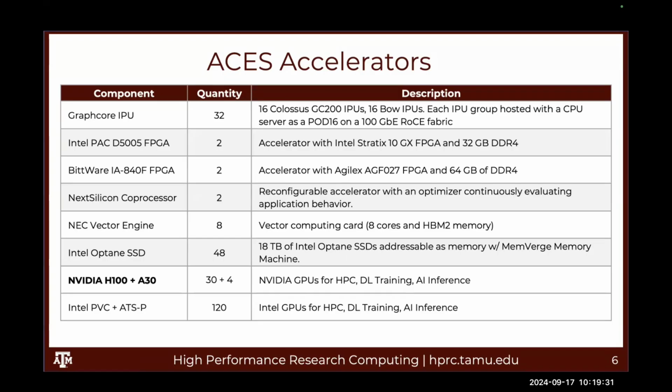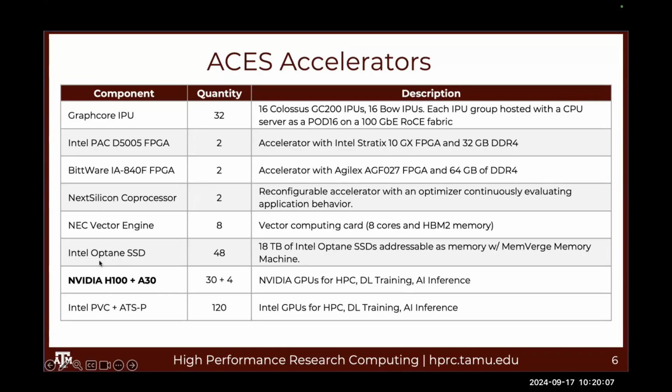So they are not in Slurm, and they are not composable. ACES has some composable components, but IPUs are not one of them. So if you want to use IPUs, you will have to log into the systems and then use the IPUs directly. We also have Intel FPGA, BittWare FPGA, NextSilicon coprocessor, NEC vector engine.